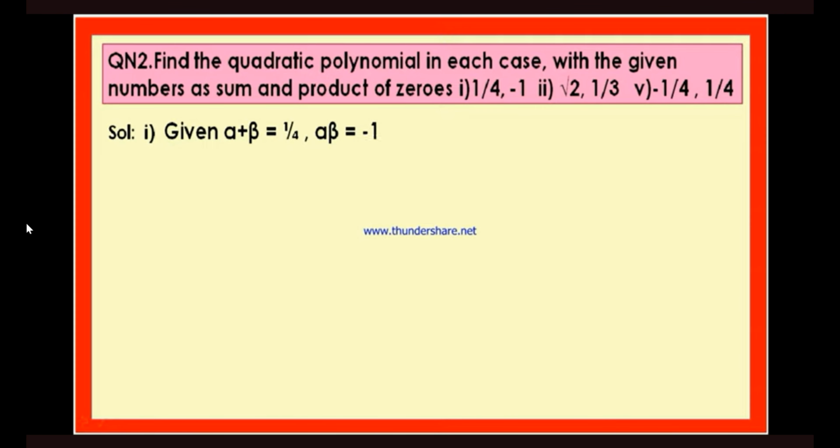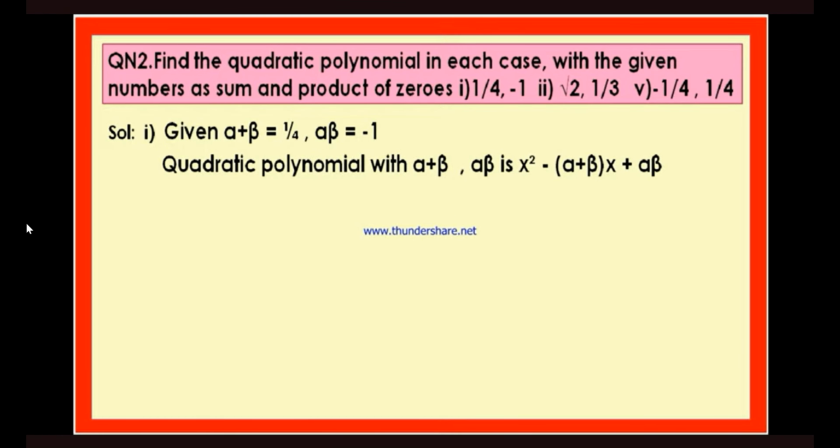If you know the sum and the product of the zeros, then there is a formula to find the quadratic polynomial. The formula is x squared minus (alpha plus beta) into x plus alpha into beta. That is, x squared minus sum of the zeros into x plus product of the zeros.